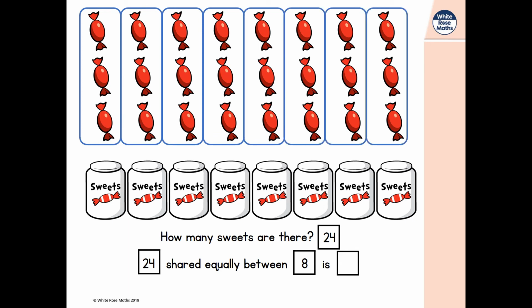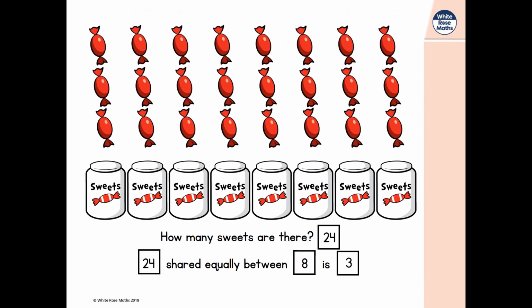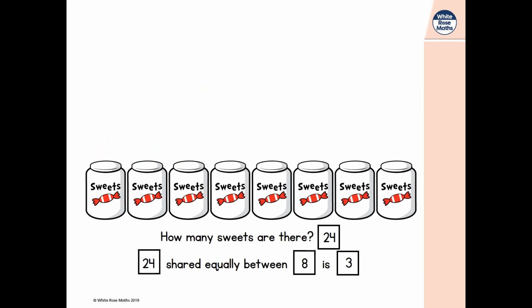They do. So if we took 24 sweets and shared them equally between 8, how many would go in each sweet jar? 3. Perfect. Let's put them in the sweet jars. I'm getting too tempted.